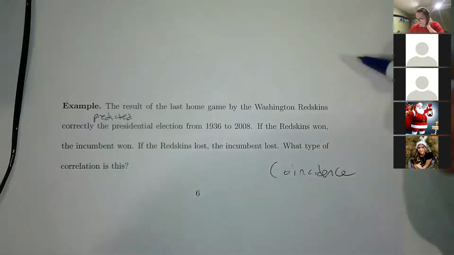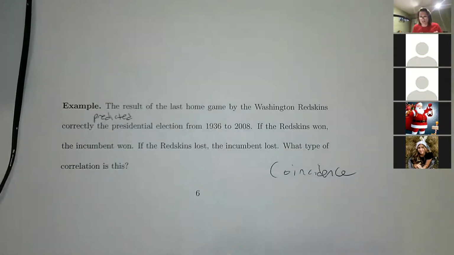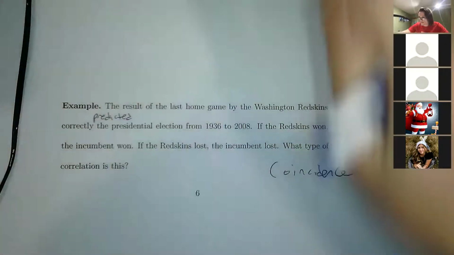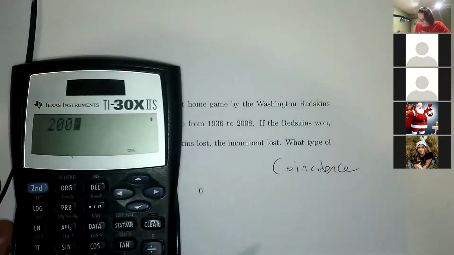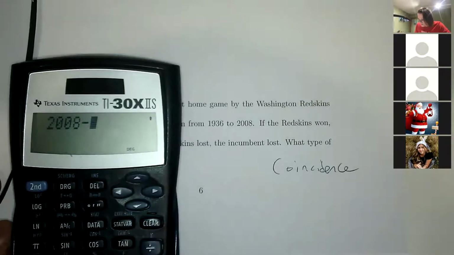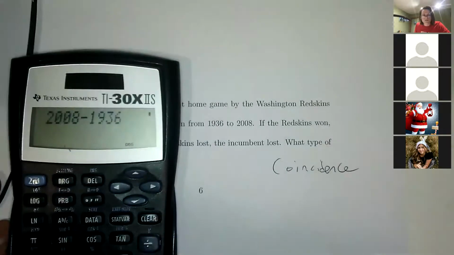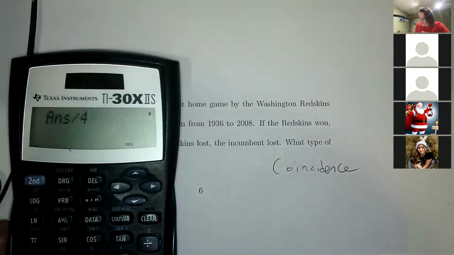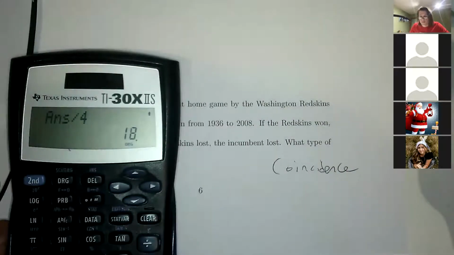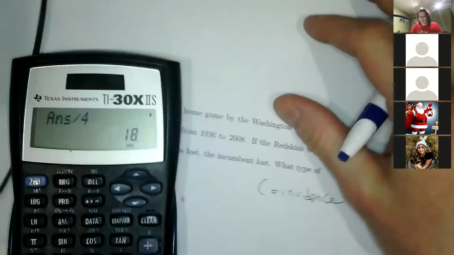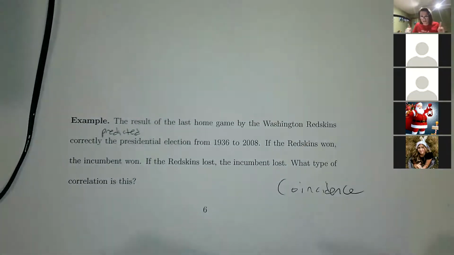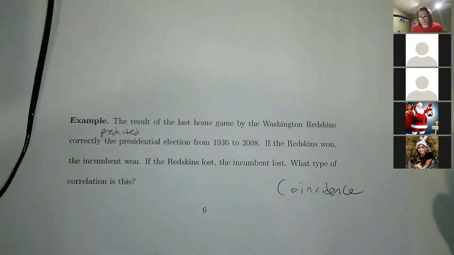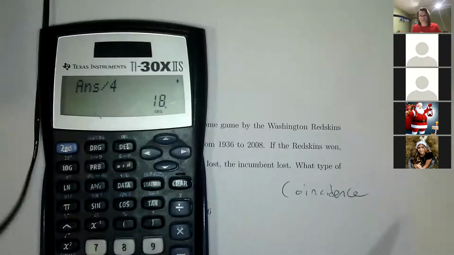If you imagine it as a coin toss, how many elections were there between 1936 and 2008? You take the difference, divide by 4, one every 4 years. There were 18 elections. So if you imagine 18 coin tosses and then 18 coin tosses for the Redskins, they all have to match up 18 times in a row.